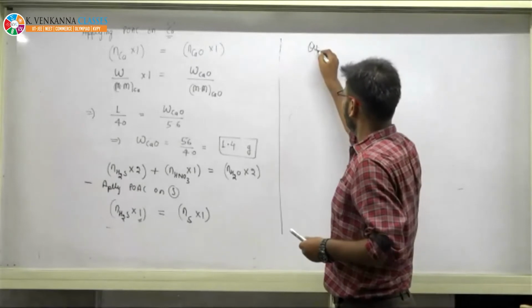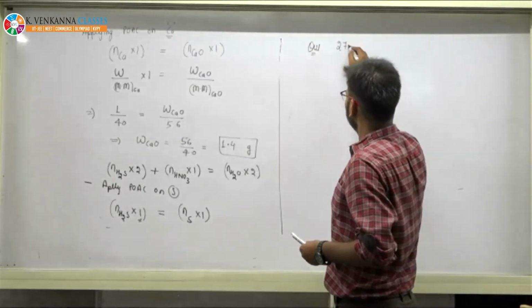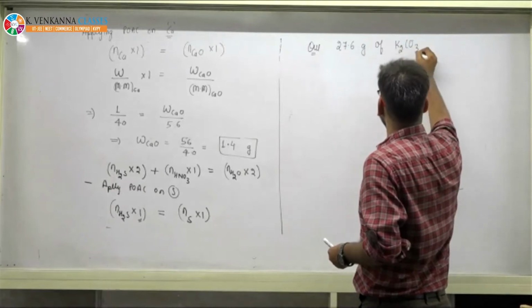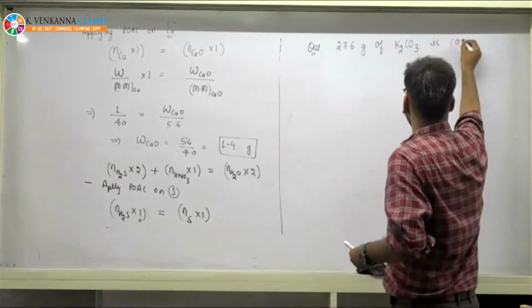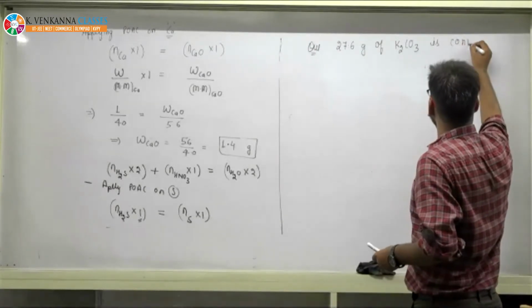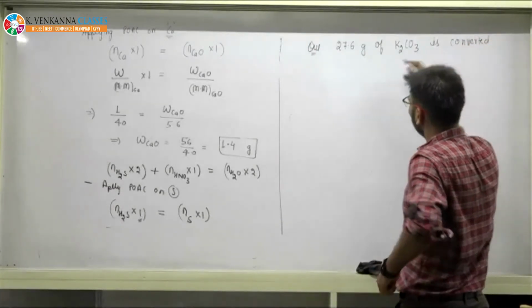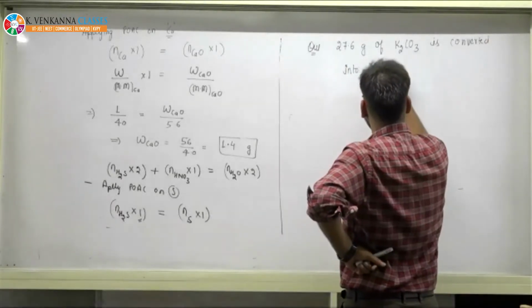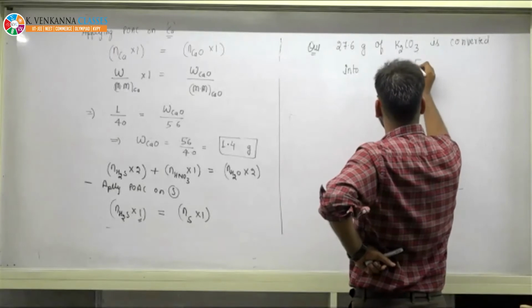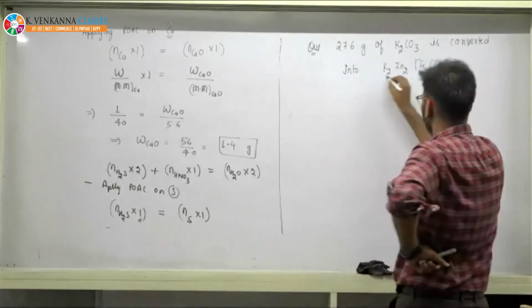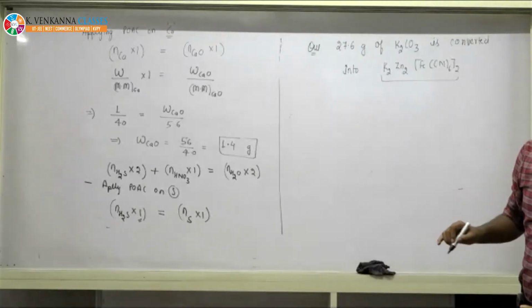The next problem says 27.6 gram of potassium carbonate is converted into K2Zn2 FeCN6 twice. This is the compound, right?